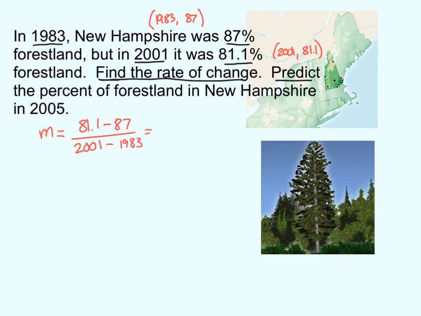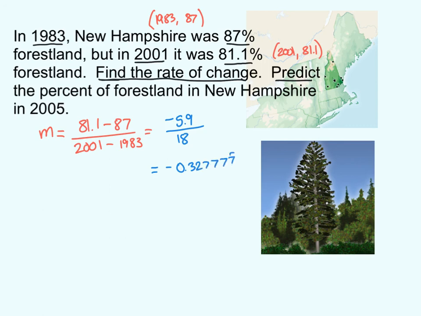Well, that's going to get me a negative 5.9 in percentage over a positive 18 to get my value. And what that's going to end up with is negative 0.32777 repeating.